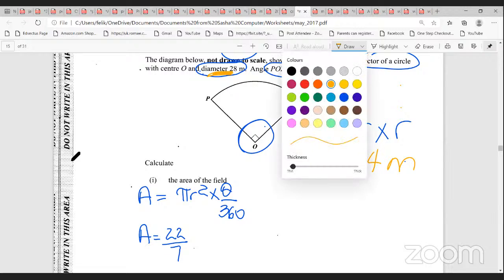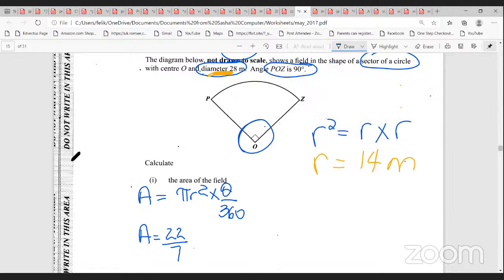All right, and thank you, Kim. All right, so the radius is 14. So we're going to go 22/7 times 14 times 14, because r square means r times r. It's 14 times 14 times theta now. The value for theta, 90 degrees. So go ahead and write down our 90, divide by over 360.